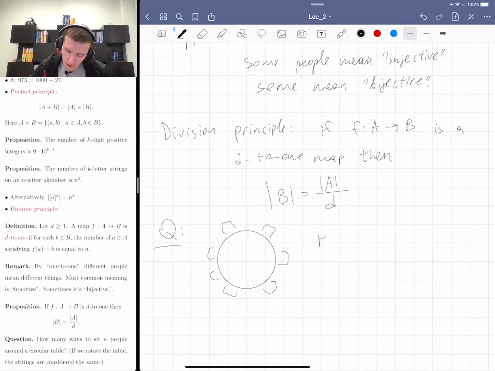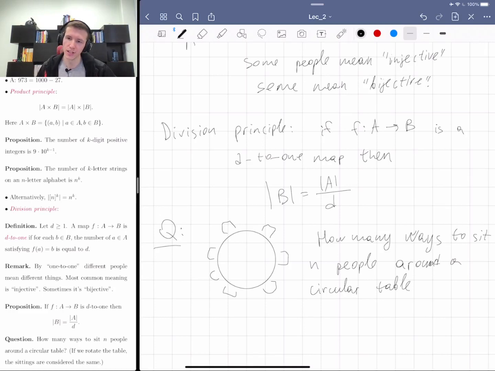And the question is, how many ways to sit n people around a circular table?